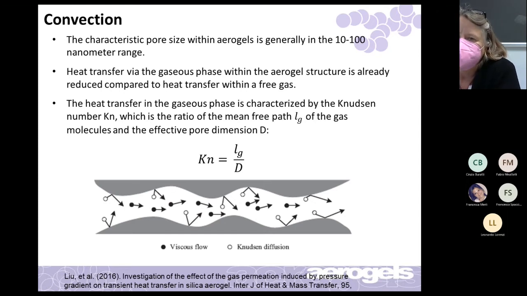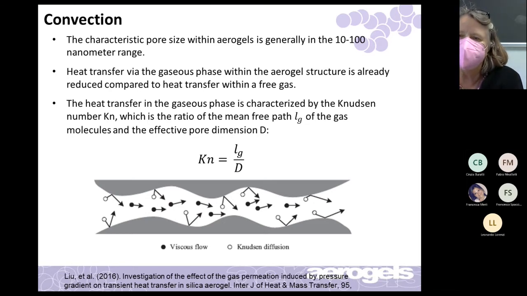For silica, it's somewhere in there. And so the gaseous phase in the aerogel structure is reduced compared to the free gas, and that has to do with the size of the pores in the aerogel structure.